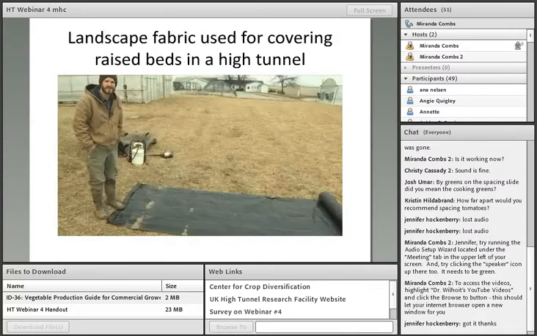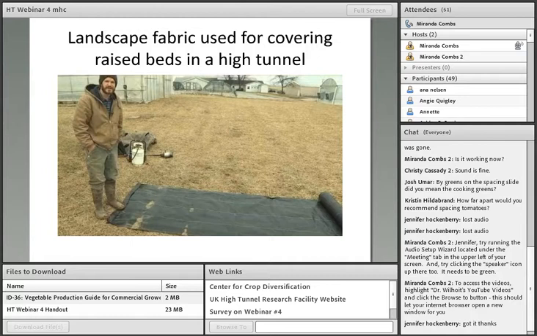Now, the next thing I wanted to talk about was the use of this landscape fabric that Krista mentioned. And again, there's another video if you are trying to watch the videos on Aaron with plastic versus fabric and the flamer demo.